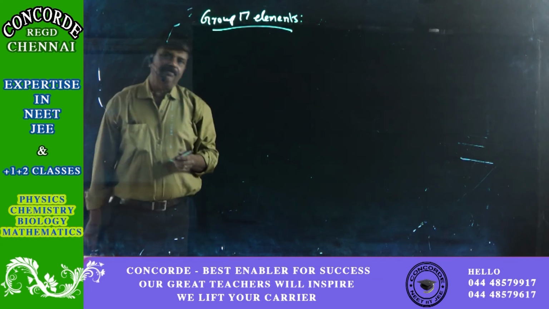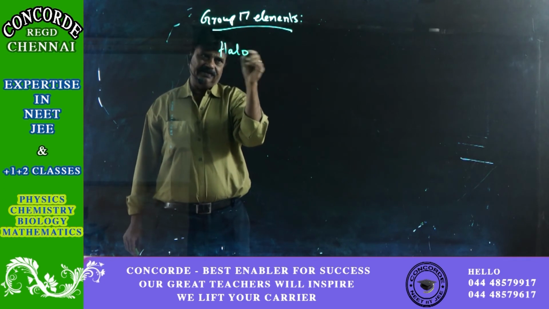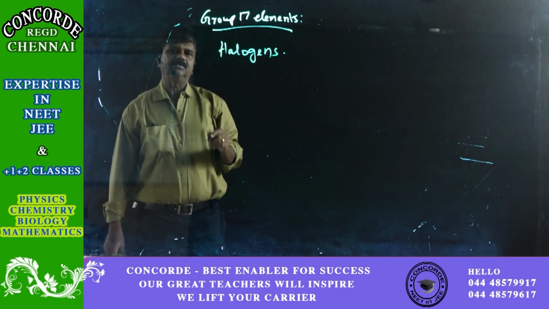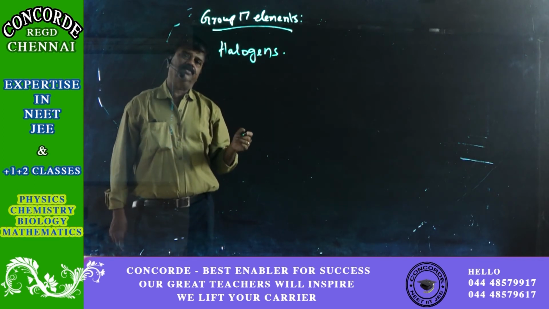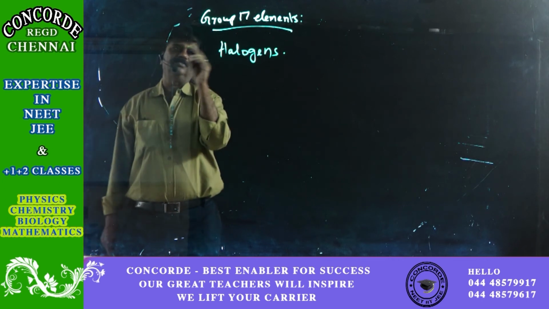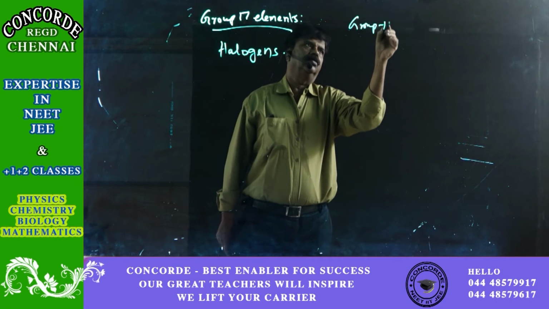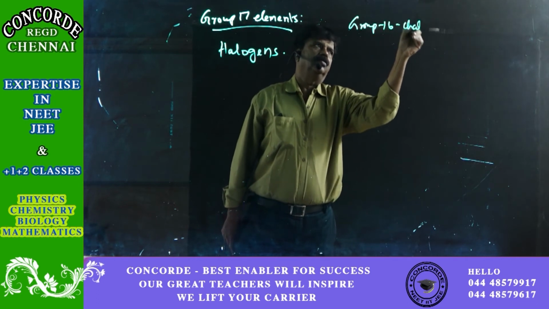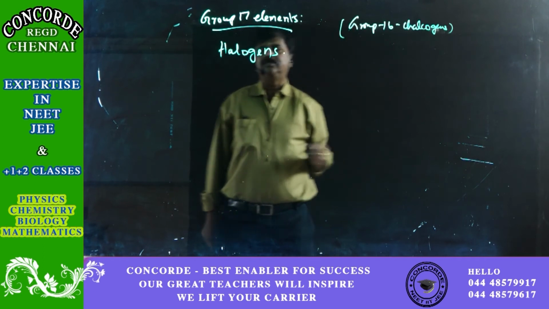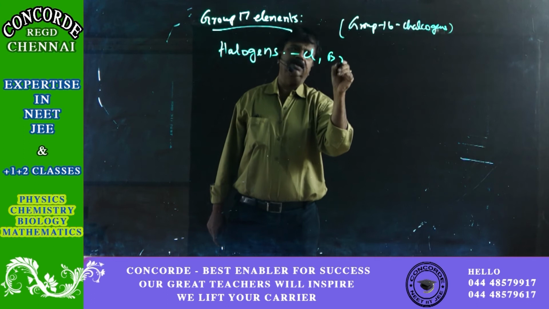Group 17 elements are generally known as halogens, whereas group 16 elements are known as chalcogens. These halogens are, very well, chlorine, bromine, iodine.